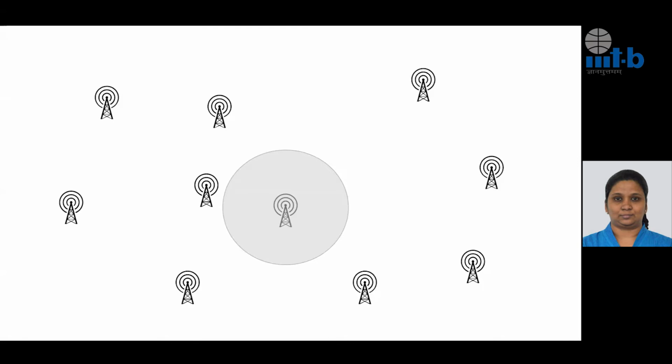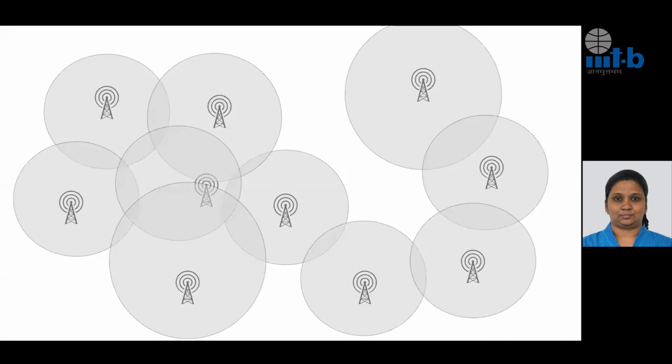Any client that lies within this disk is in the range of this base station. Similarly, for every base station there is a disk. So if there are n base stations, you have n disks. We have to build a hypergraph on this. The vertices of the hypergraph are this family of disks.